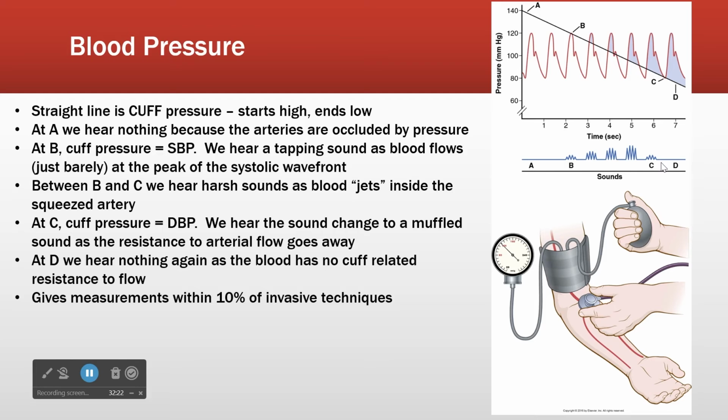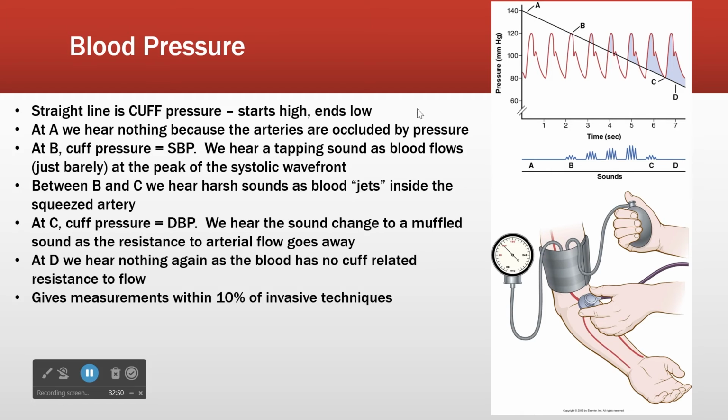Okay, so now we get into the exercise, right? We turn the little wheel up here and we slowly let air out of the bladder. What's happening as we let air go out is the pressure of the cuff is decreasing. So we're removing pressure from around the upper arm. At some point that pressure will fall below the systolic pressure.